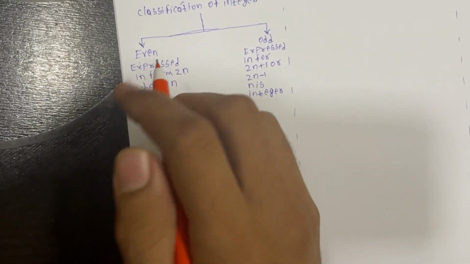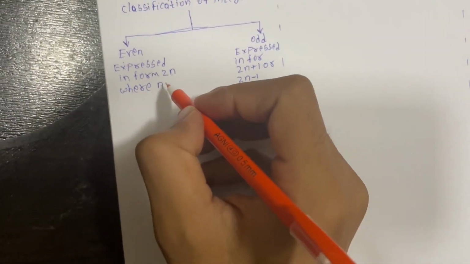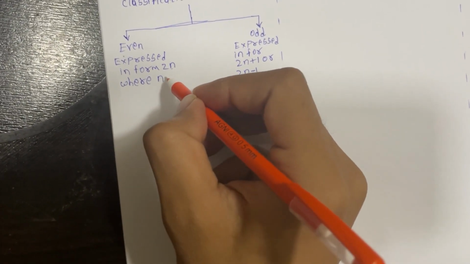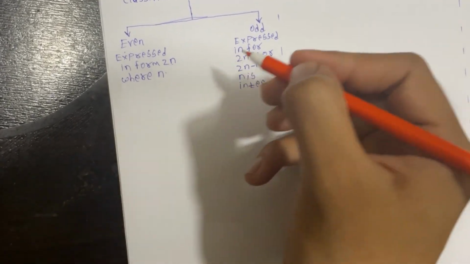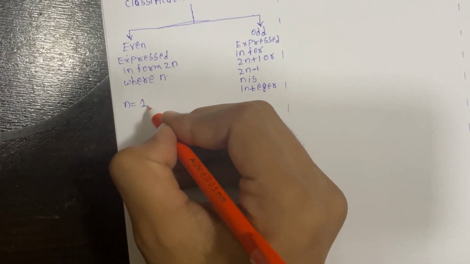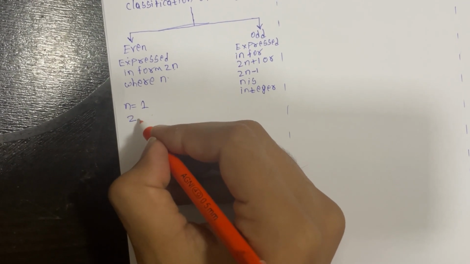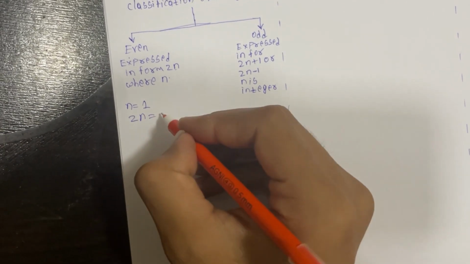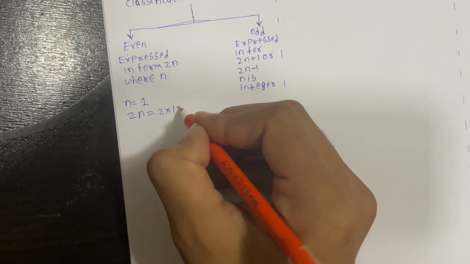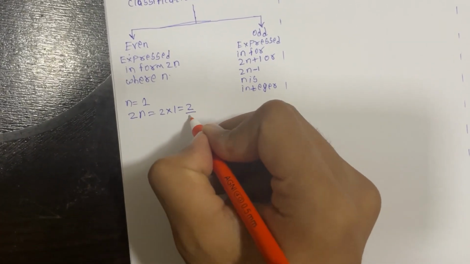so let me denote this with example what is even and what is odd. So let's take n as an integer as 1. Okay, so if we take n as 1, then your even integer will be 2, that is 2n. So 2 into 1 is 2, right? So this is even integer.